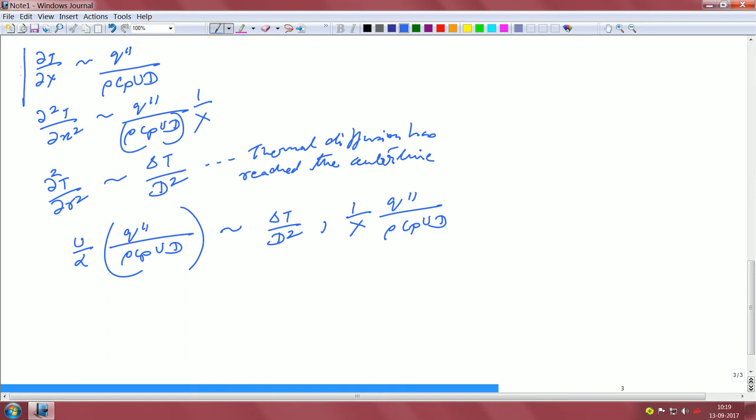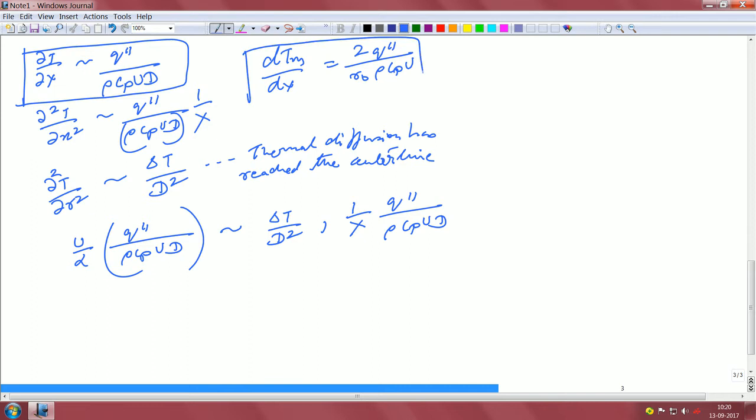Now, pay attention to how we got this, because we used the corresponding formulation. If you remember how we found out the dTm/dx kind of a term, it comes readily from there. You recall that dTm/dx was actually equal to 2 q double prime over r naught rho Cp u.